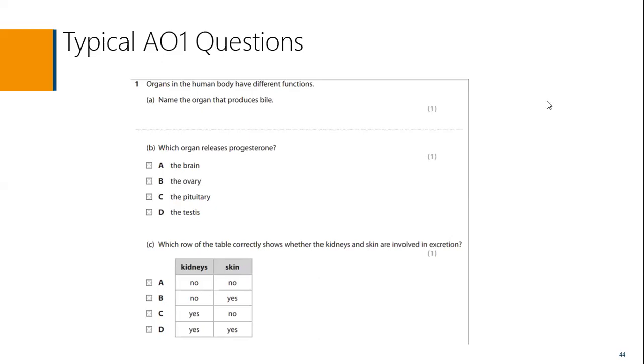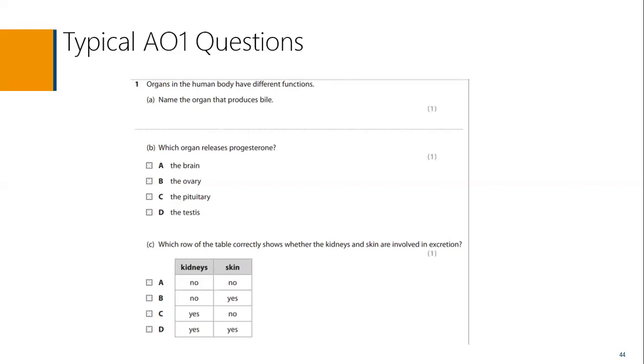This is a typical AO1 question. It's testing their factual knowledge. There's only one correct answer. It doesn't involve them explaining anything.